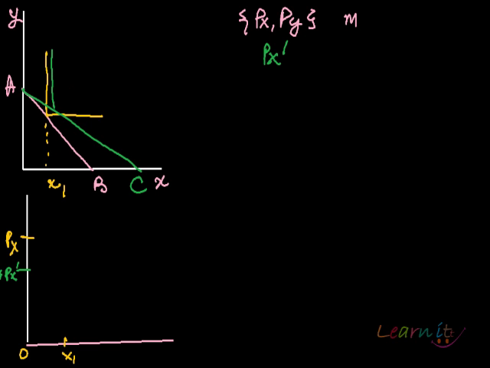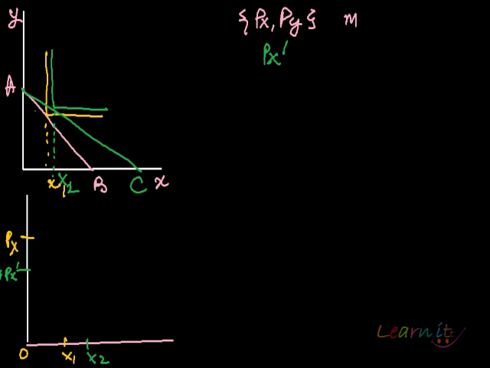He will be consuming in the same proportion, okay, so he'll be consuming, say, X2. So when the price is falling, the demand for this is increasing, but understand one thing, that demand for Y is also increasing.